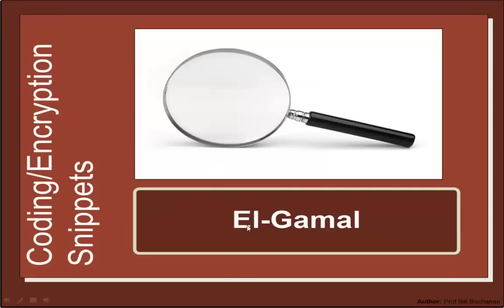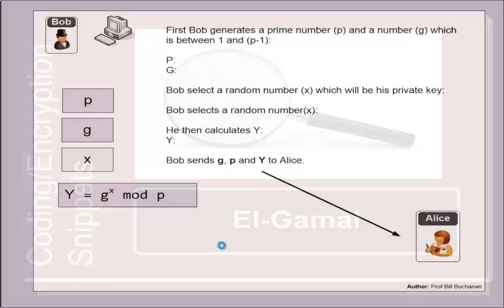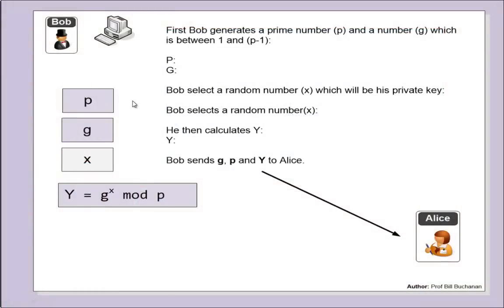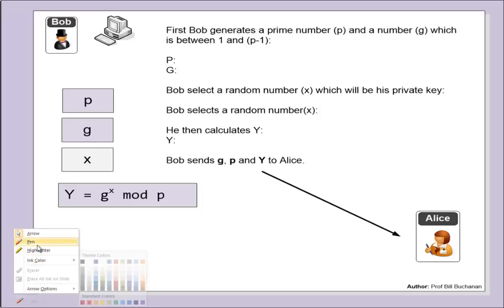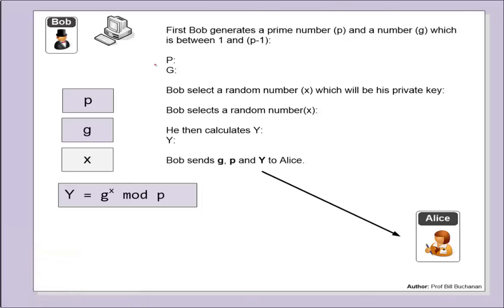Okay, so now let's look at another encryption method and also a method that can be used to sign, and that's ElGamal. So with ElGamal, the algorithm is that Bob picks a prime number P and G, and the value of G is somewhere between 1 and P minus 1.